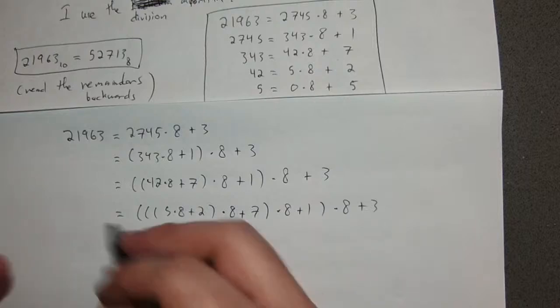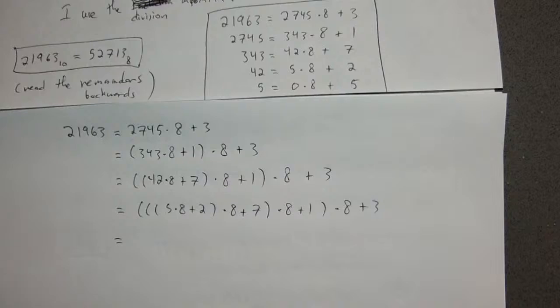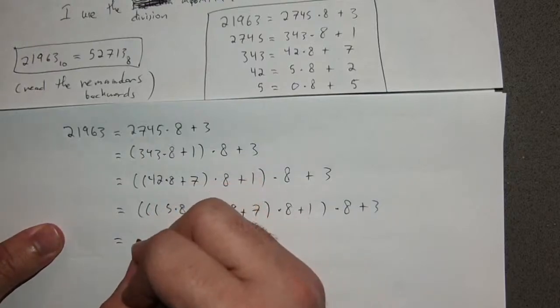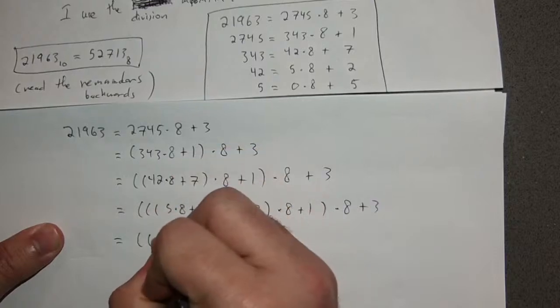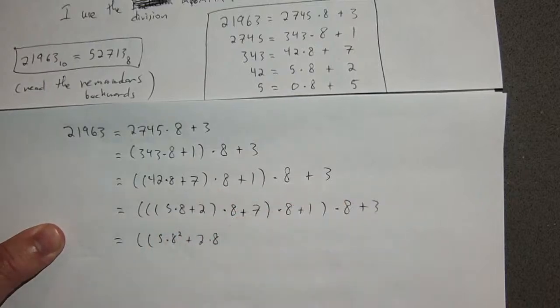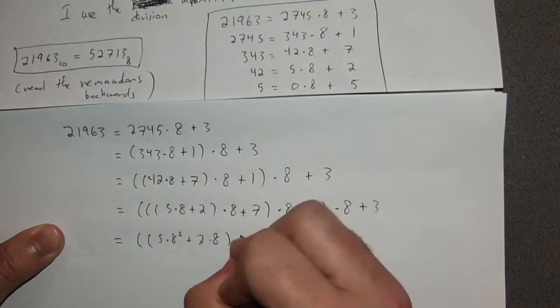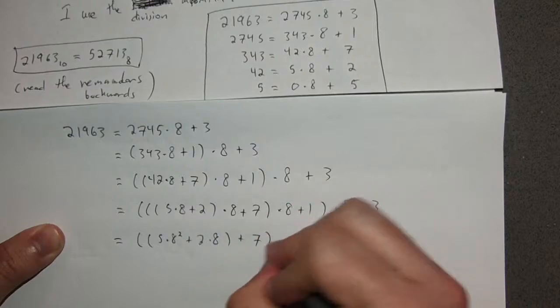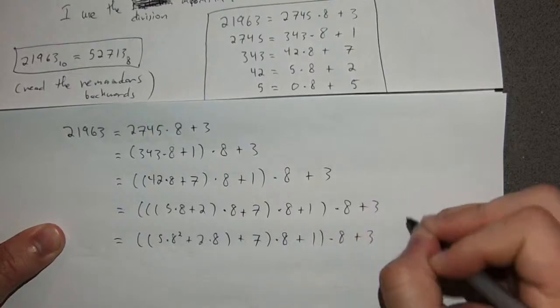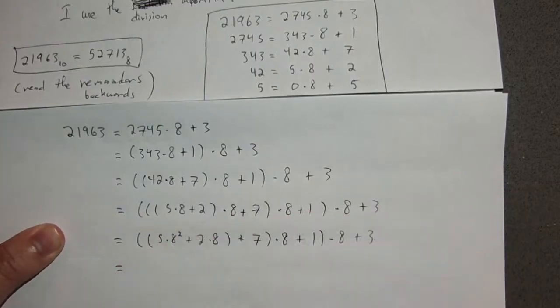Okay, let's stop here and keep track of all of this stuff that I've done here. So what do I have going on here? Okay, so I have 8 times 5 times 8 times 2, so that is 5 times 8 squared plus 2 times 8, right? Plus 7 times 8 plus 1 times 8 plus 3. So I haven't finished here yet.